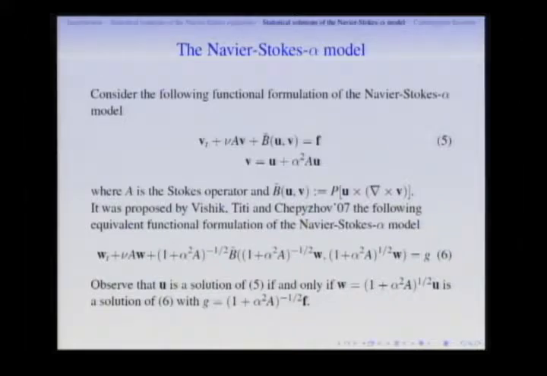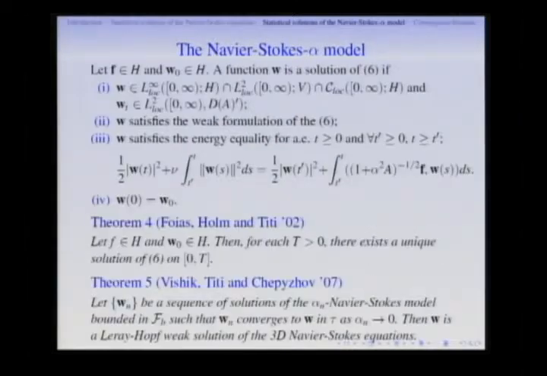So here we also have the natural functional formulation, but because of some technical details, it's better to consider an equivalent functional formulation, and here we follow the framework of Vishik and Fursikov, but it's equivalent. It's not a problem.